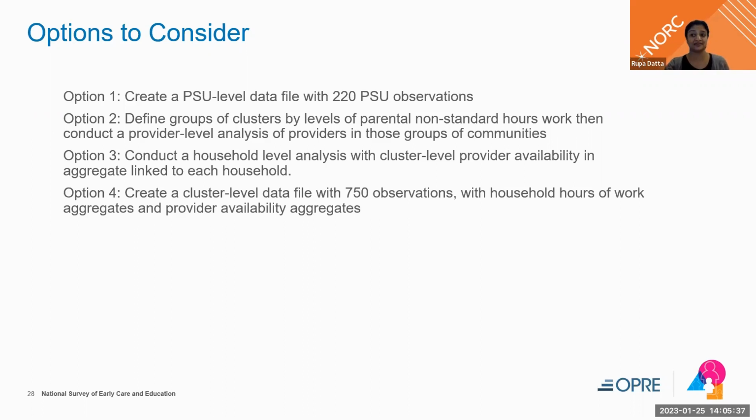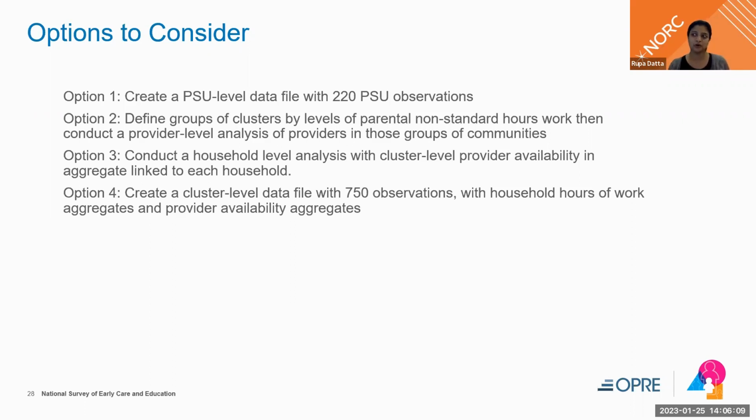Option 3 is kind of the reverse. We keep the households as individual records, but we create cluster level aggregates of provider availability. So we would say things like, among households who have high non-standard hour work, what fraction of them are in clusters that have any non-standard hours care or a lot of non-standard hours care, that kind of thing.